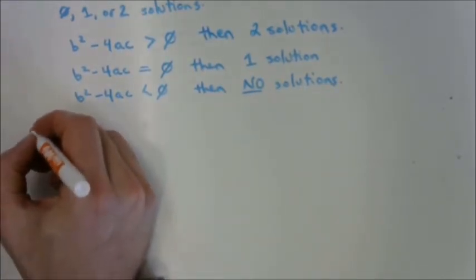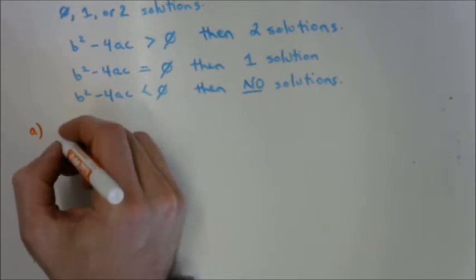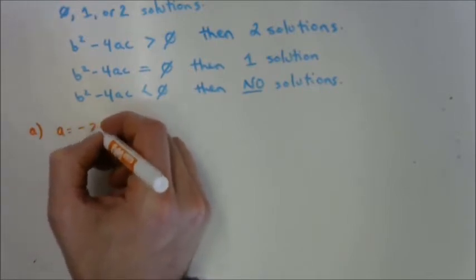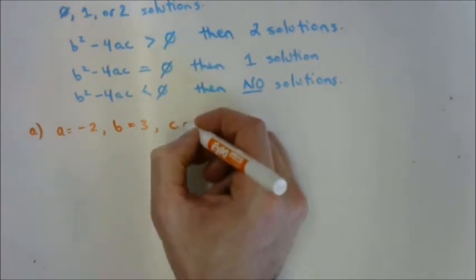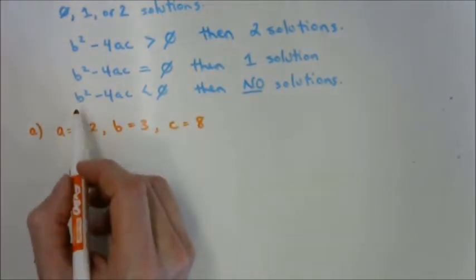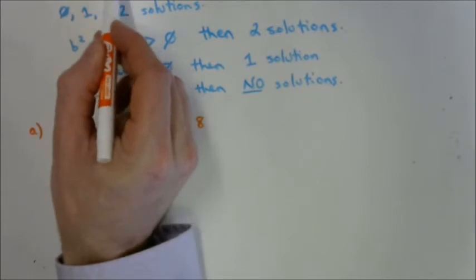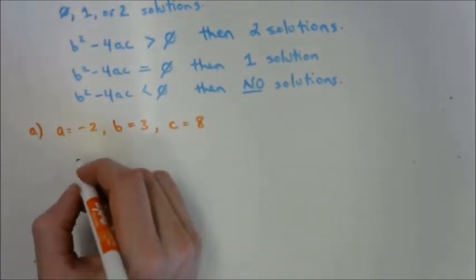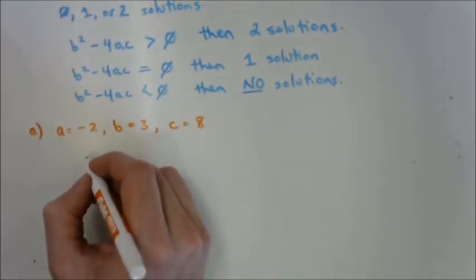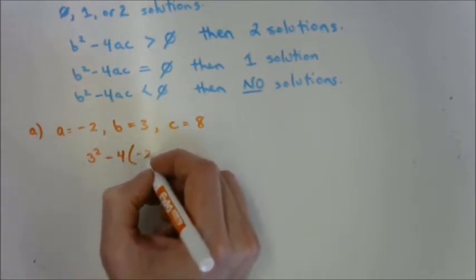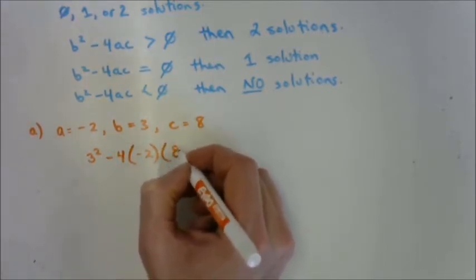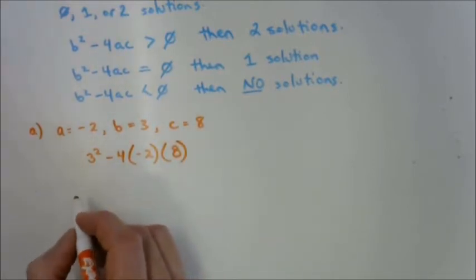But we've got in A, I'm just going to write the parameters. A is negative 2, B is positive 3, C is positive 8. And all we have to do is take the discriminant, b squared minus 4ac. So b squared is 3 squared minus 4 times a, which is negative 2, times c, which is 8.